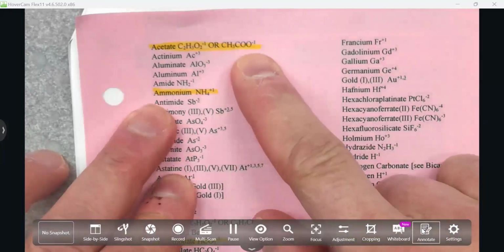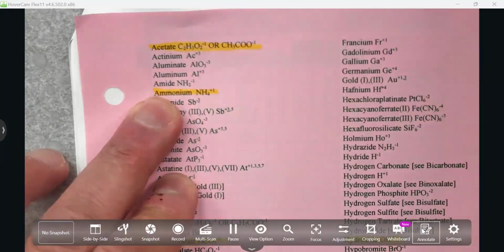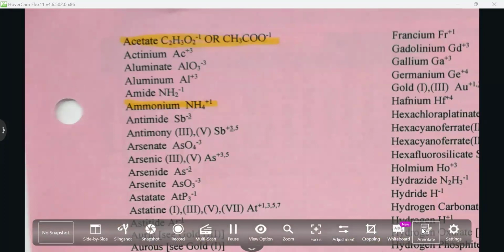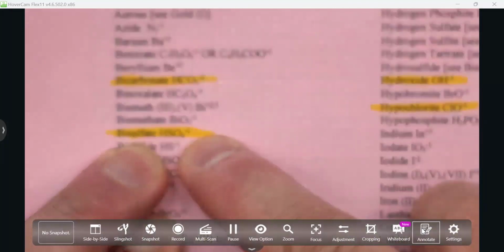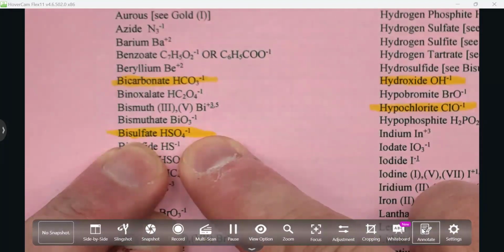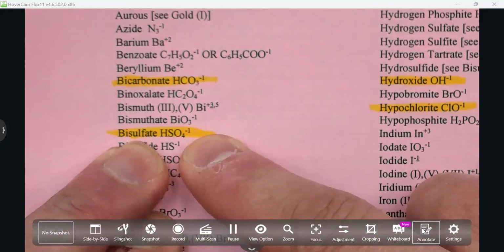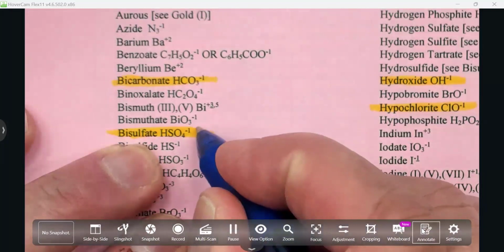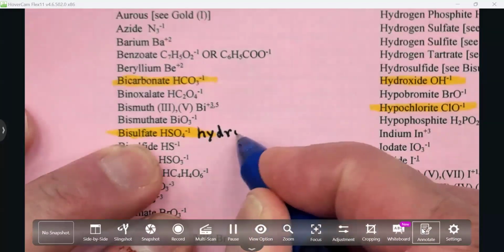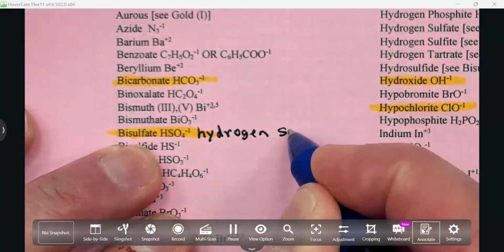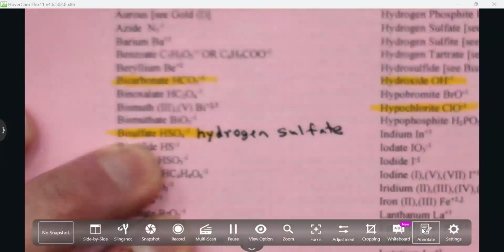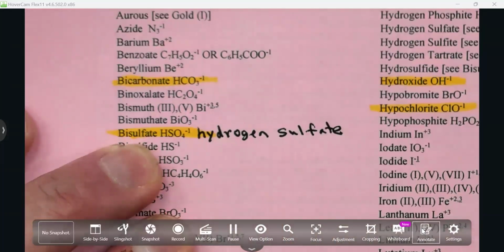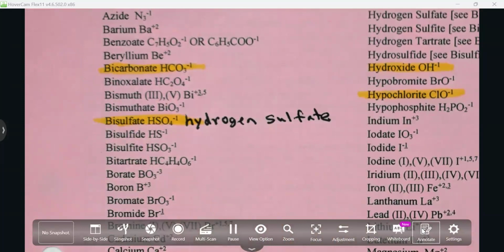So let's highlight these. You've got acetate, ammonium, bicarbonate, bisulfate. You can also write in hydrogen sulfate. Same thing, hydrogen sulfate, bisulfate.